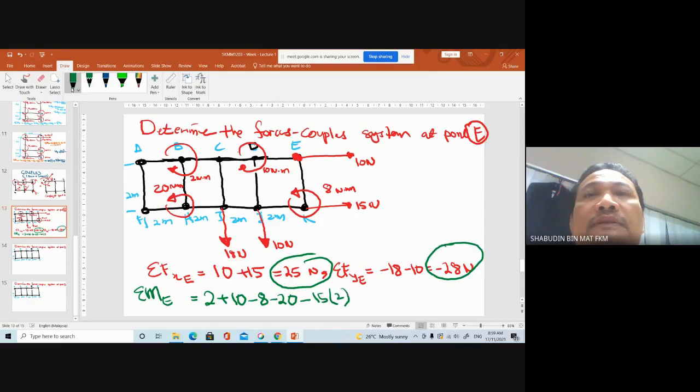What else we have? Minus 10 multiplied by 2, minus 18 multiplied by 4. Can you tell me what is the summation of moment at point E?